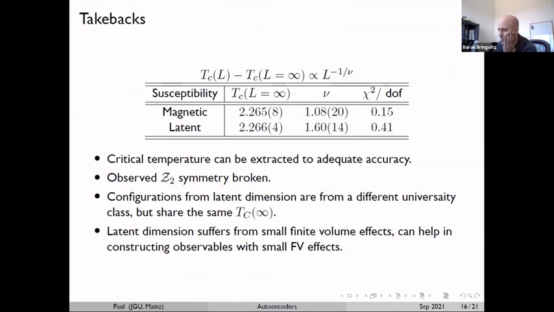The question is whether the latent variable, unlike the magnetization, does not transform under the Z2 by switching sign, or is it some nonlinear transformation of the Isings? If I switch the sign of all the Isings in the input, will the latent variable also switch sign?